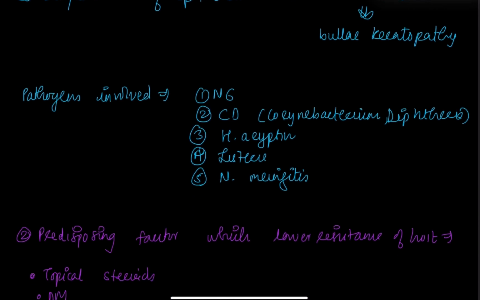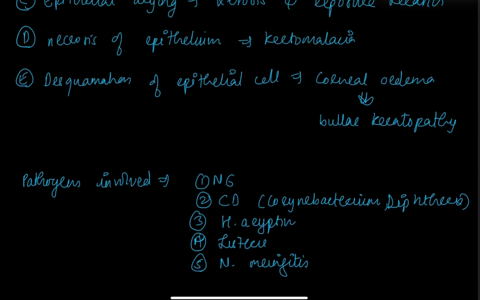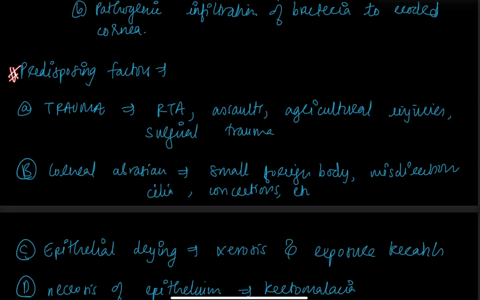Now, the pathogens involved are Neisseria gonorrhoeae, Corynebacterium diphtheriae, Haemophilus aegyptius, Listeria, and Neisseria meningitidis. This point is optional to write because we are anyway going to write the bacterial causes ahead. So you just have to understand what the predisposing factors are.